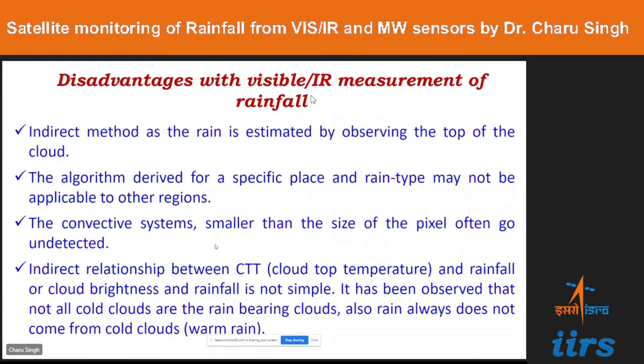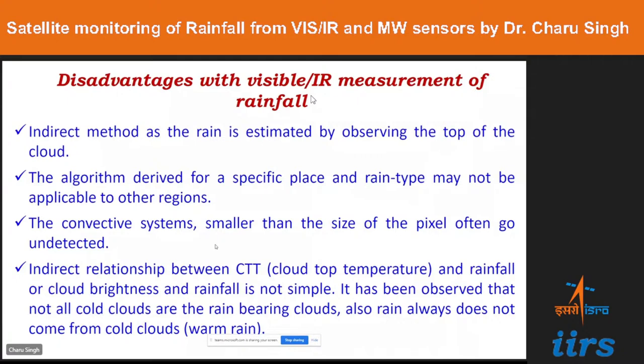But there are several disadvantages also. This is one of the indirect methods, as the rain is estimated by observing the top of the cloud. The algorithm derived for a specific place and rain type may not be applicable to other regions. The convective systems smaller than the size of the pixel often go undetected.